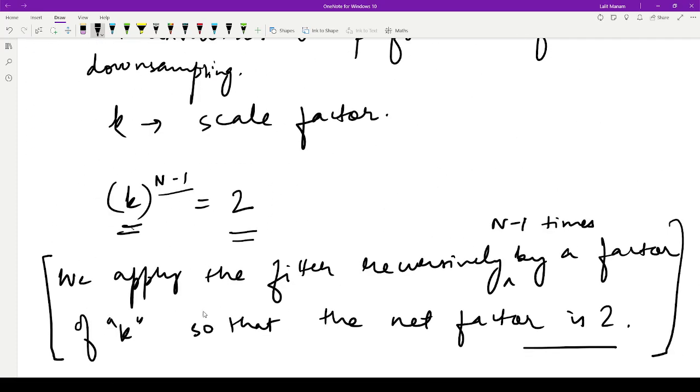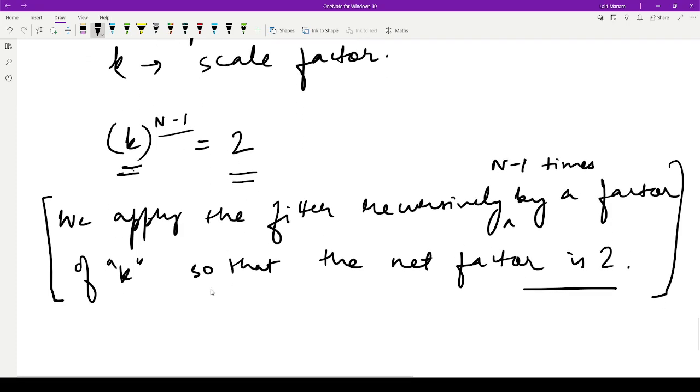That's what I'm writing here mathematically. k is some scale factor that we are trying to find. 2 is the net effect after which we will downsample the image, and n minus 1 is the number of times you have applied the filter. So what will k be? k is simply 2 to the power 1 by 11, which turns out to be 1.065.